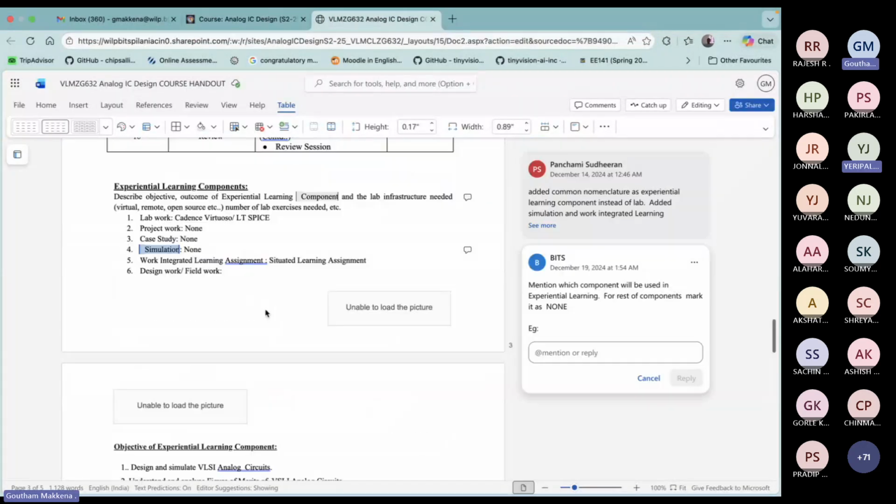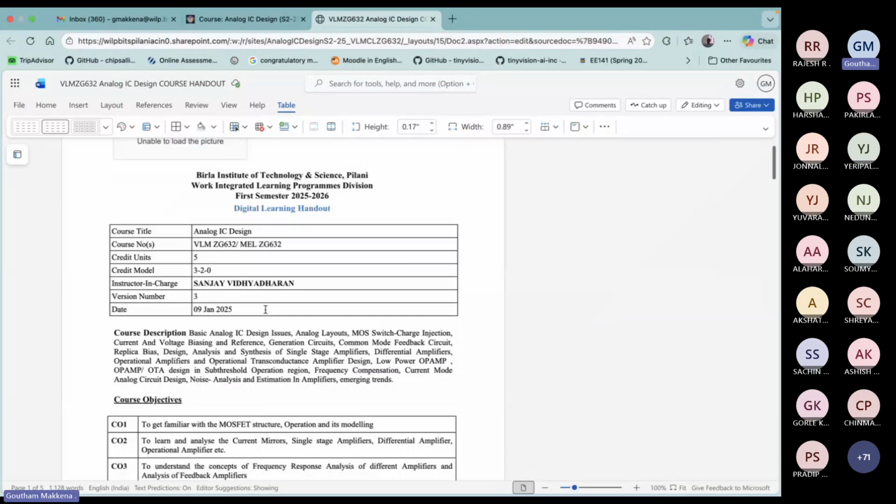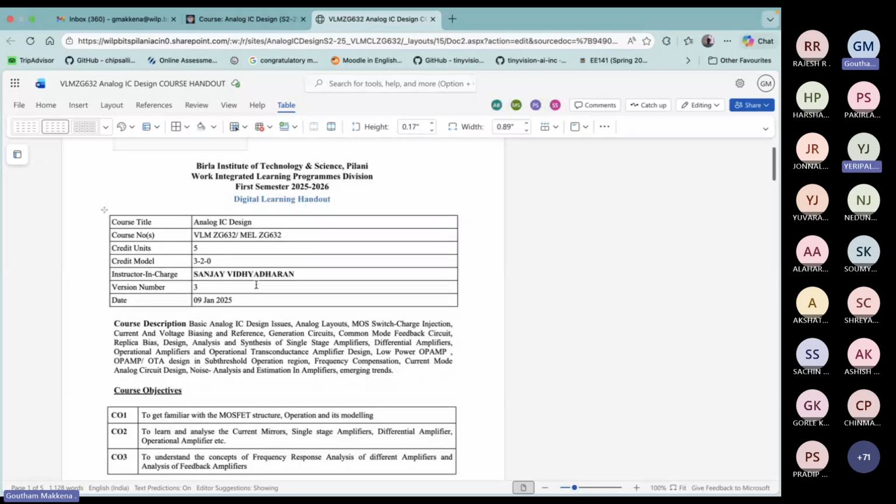So typically, if it is not an online course and if it is an offline course, like it typically happens in your BTech course, this usually stands for the contact hours. This is called LPT. L stands for lecture, P stands for practical, and T stands for tutorial.